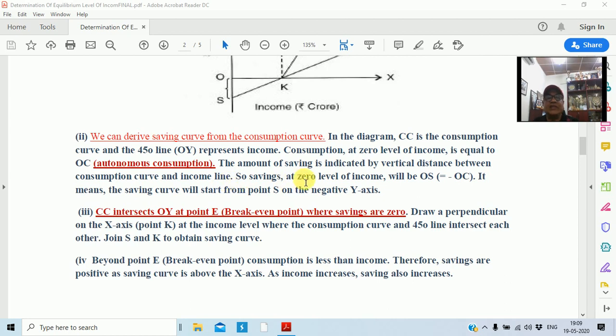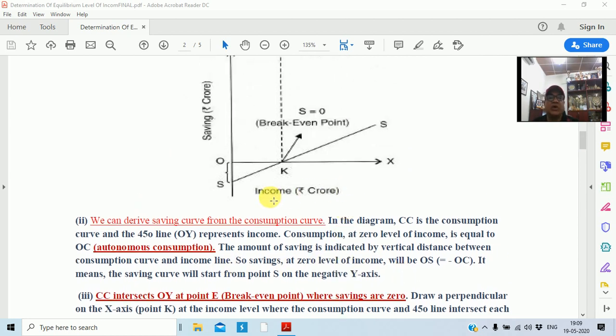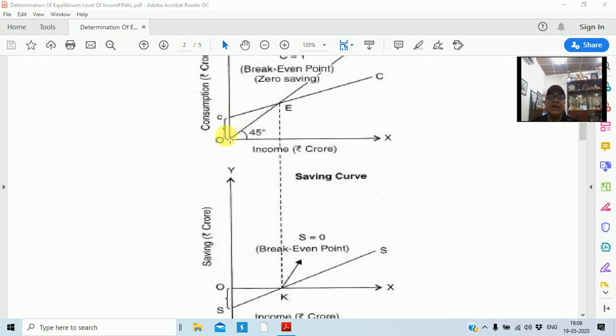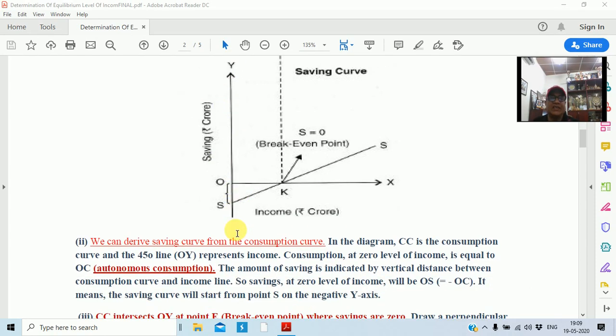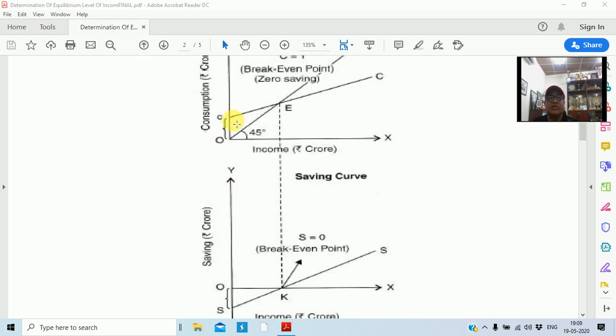So savings at zero level of income will be OS, that is minus OC. This is the negative saving. So this OC is equal to OS. OC is positive because it is autonomous consumption, and this OS is negative. So savings are negative and autonomous consumption is positive.